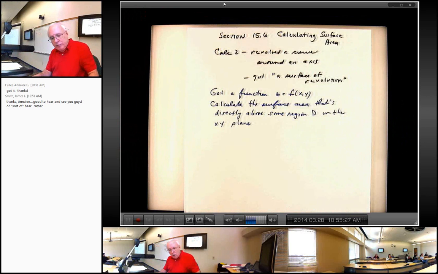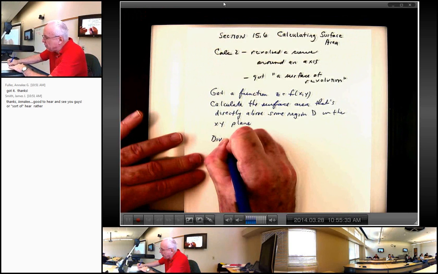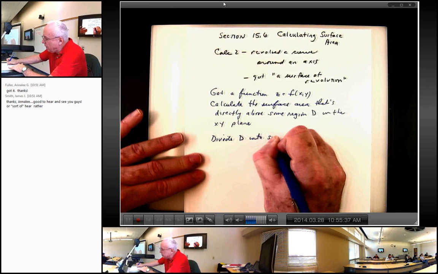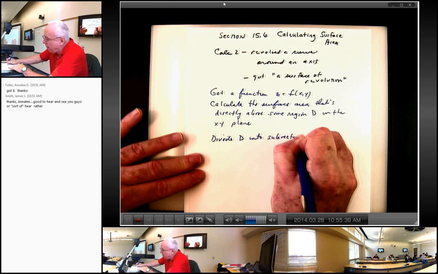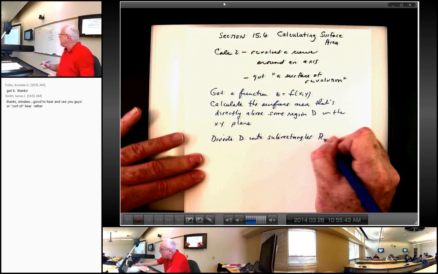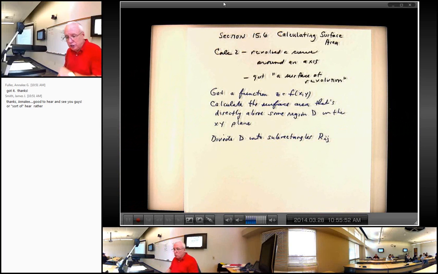All right, so what we do here is we divide that region D into sub-rectangles. We'll call them Rij. They have two subscripts because we have one subscript going along the X direction, another subscript going along the Y direction.